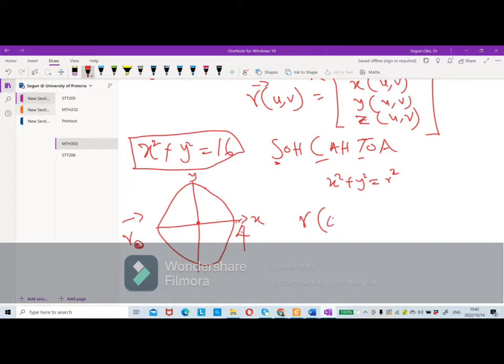So, 4 cos theta and 4 sin theta, then z.